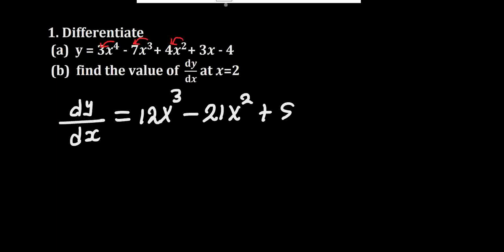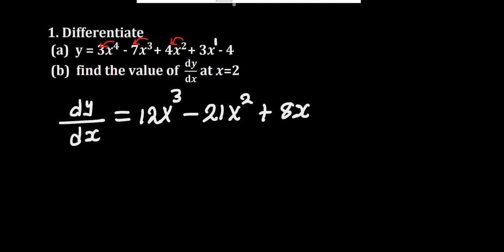So this will be 8x. Next, reduce 2 by 1. So that will give you 1. So you can simply leave it the way it is now, or you can as well write the 1 here, but it's better when it's not written.